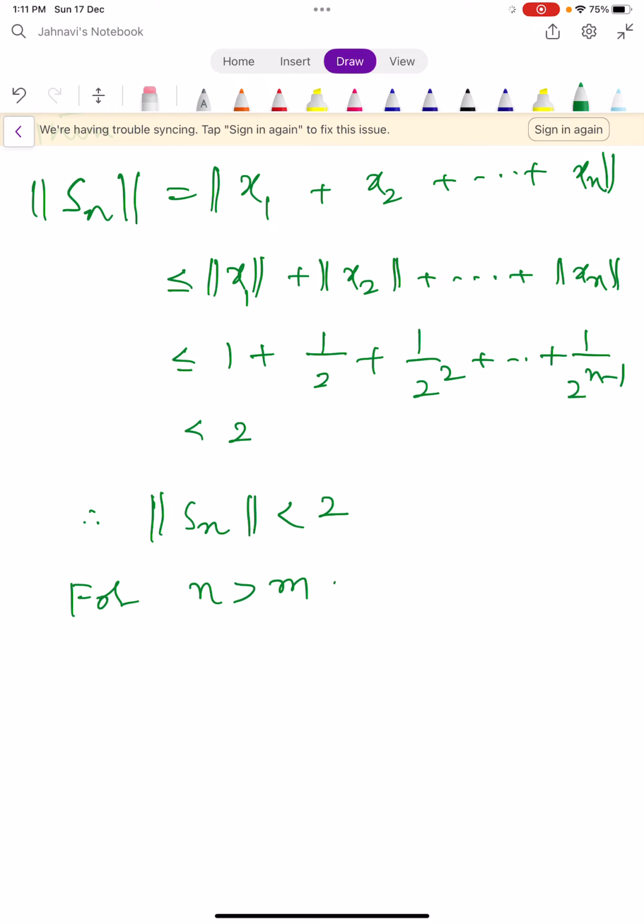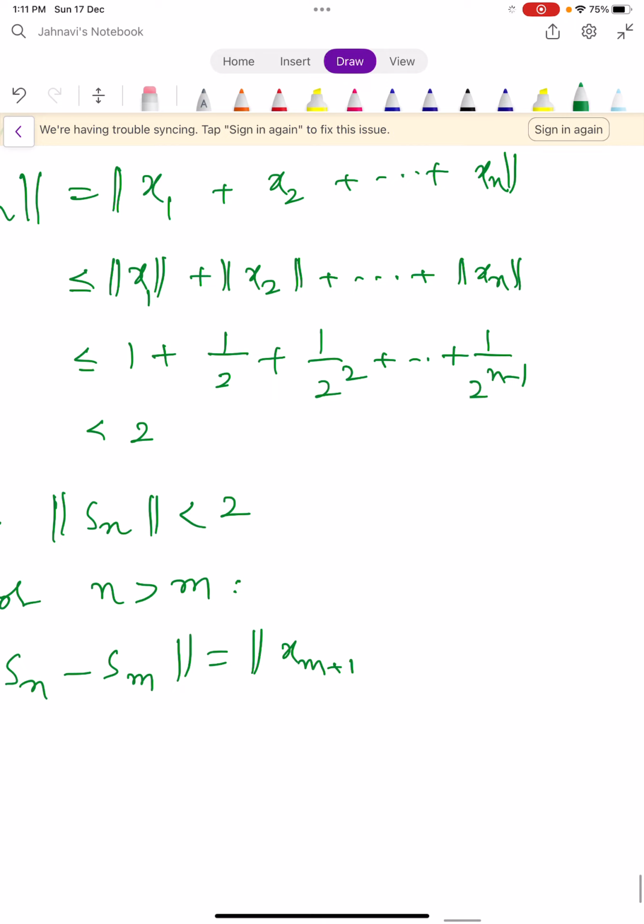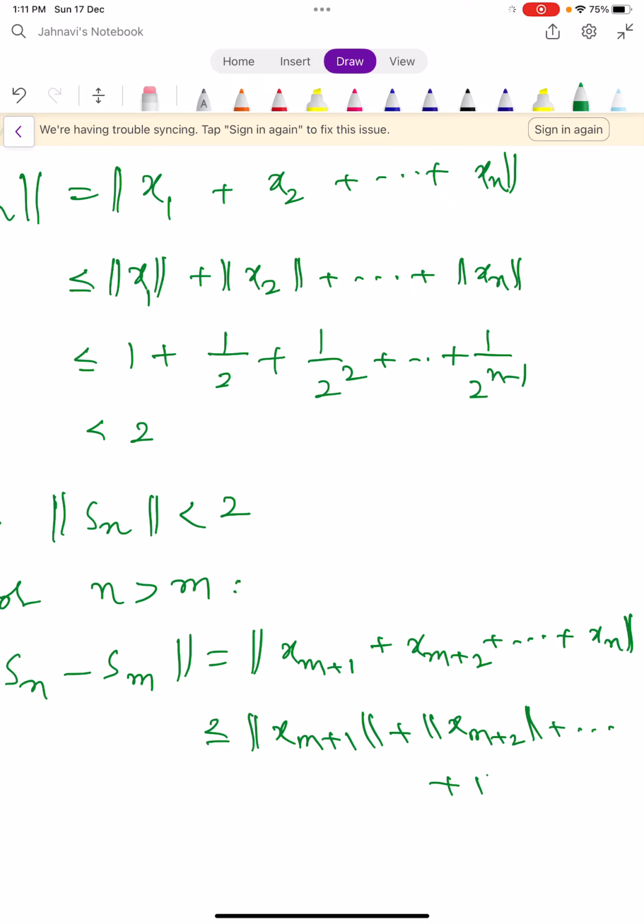any n greater than m, norm Sn minus Sm is equal to norm xm plus 1 plus xm plus 2 plus and so on plus xn, which is less than or equal to norm xm plus 1 plus norm xm plus 2 plus and so on plus norm xn.